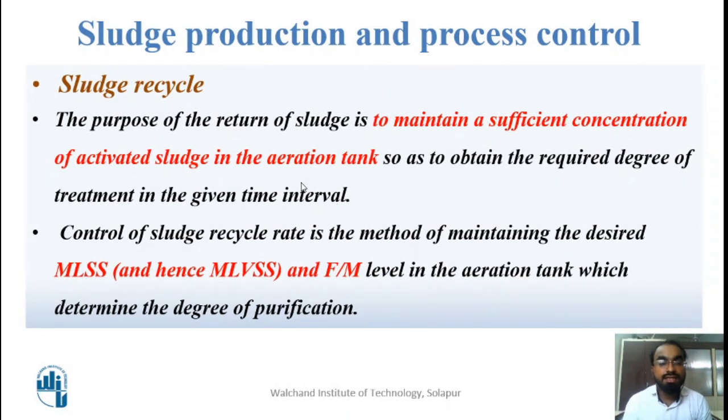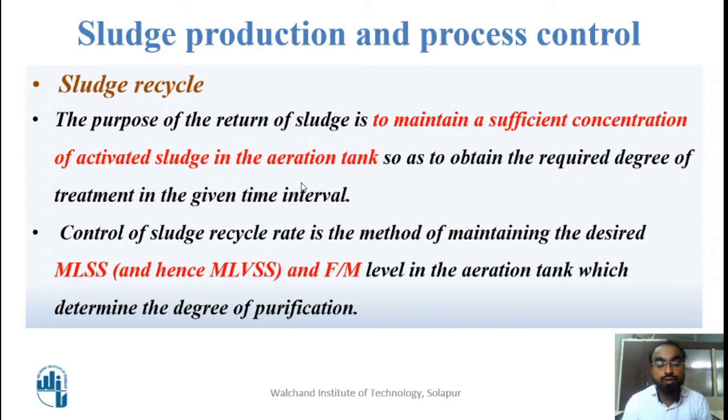So the sludge recycle has a proper purpose. Why are we adding the activated sludge into the bioreactor? It is to maintain a sufficient concentration of activated sludge in the aeration tank, or indirectly to increase the culture of microorganisms present in the biological reaction.